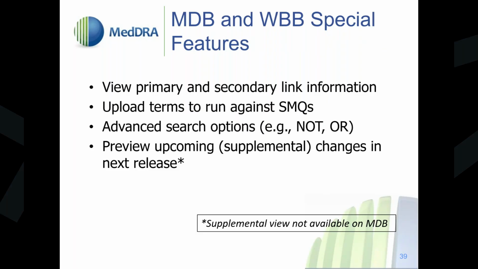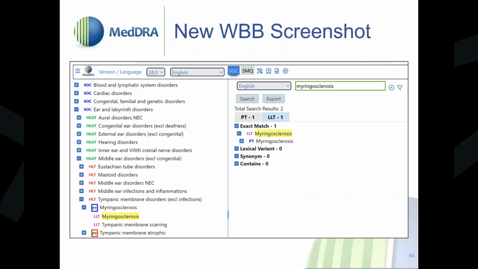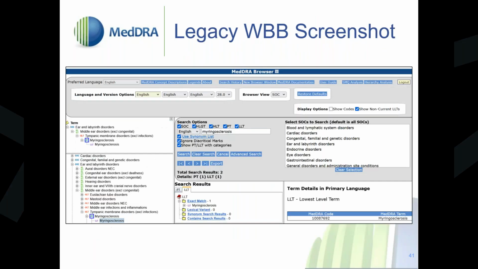And we have videos available on our website that walk you through how to download the desktop browser and the MedDRA files. This is a screenshot of what the new web-based browser looks like. The focus for the interface is on the search functionality. So when you open the new web-based browser, what you'll primarily be looking at is the search panels within the browser. Compared to the legacy browser, if you look at the screen, this is what the legacy browser looks like.